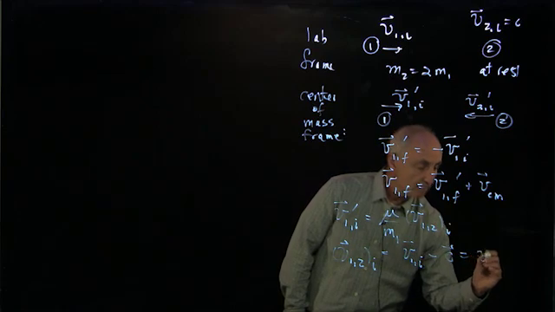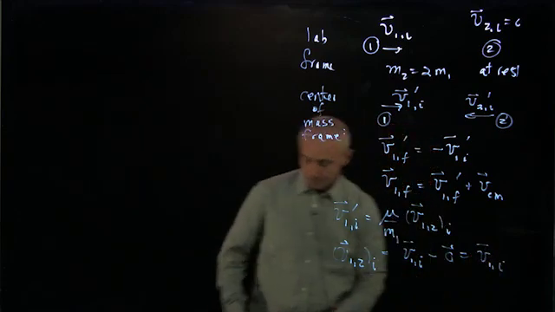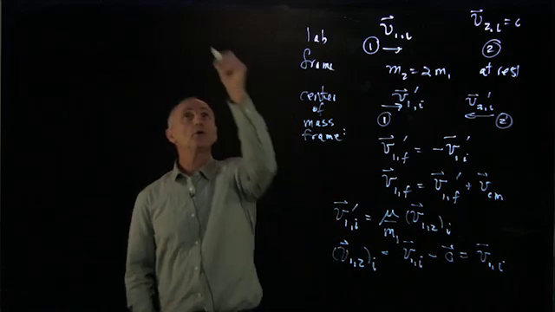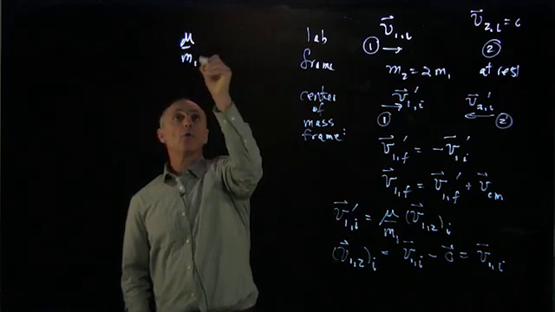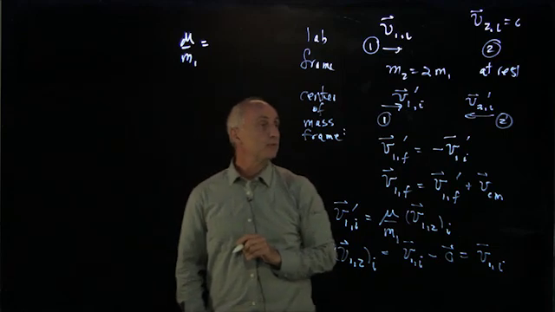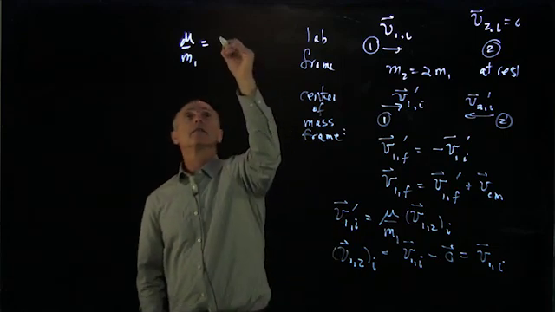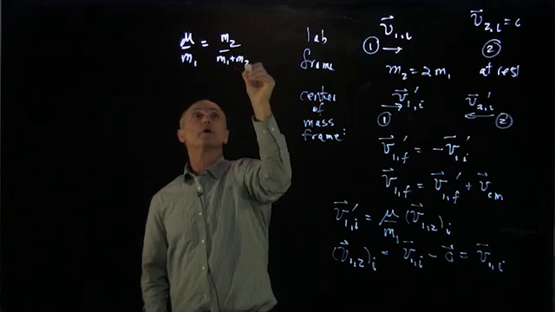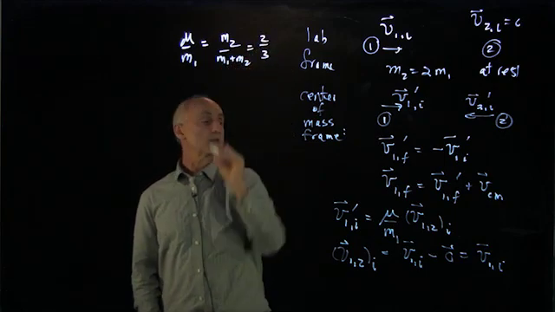So that's V1 initial. And the ratio, mu over M1, it's very simple to calculate. That's just M2 over M1 plus M2. For our case, that's 2/3.